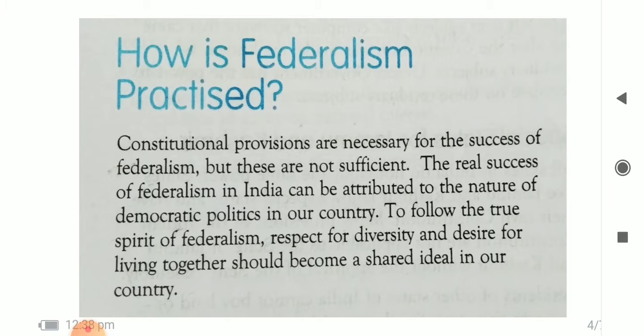The real success of federalism in India can be attributed to the nature of democratic politics in our country. This ensured that the spirit of federalism, respect for diversity and therefore living together became a shared ideal in our country. Let us look at some of the major ways in which this happened.